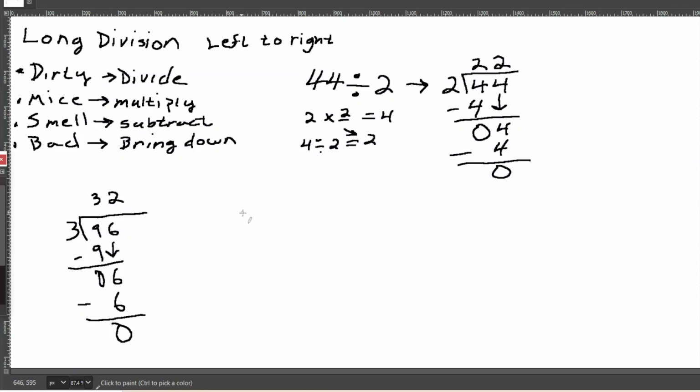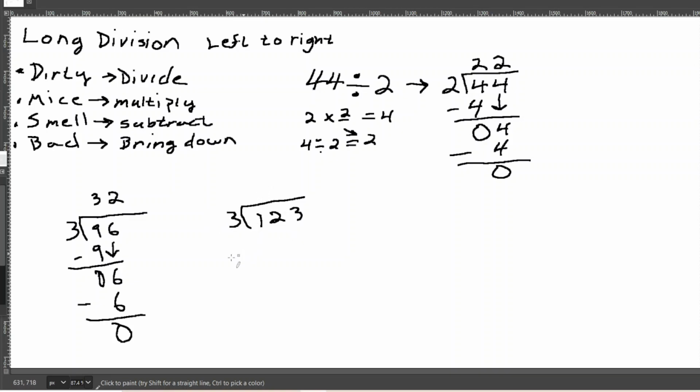So, I guess let's try one that's a little trickier. I want to use 3 again. Sorry. But I know that this fits evenly because I know some tricks. Since 1 plus 2 plus 3 equals 6, right? 6 divides by 3. So I know 123 divides by 3. But anyway, probably have to make a video on that.